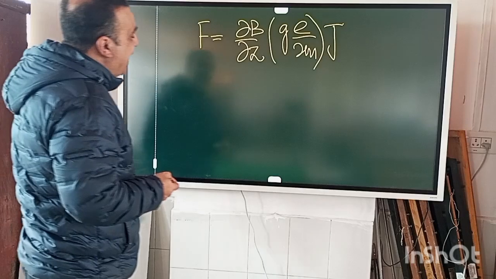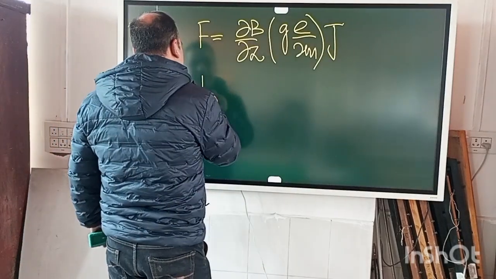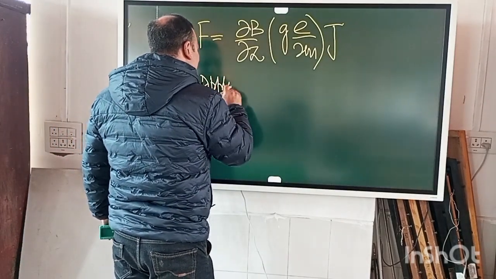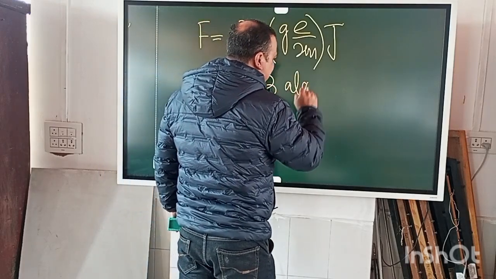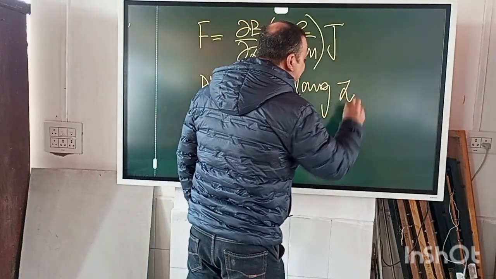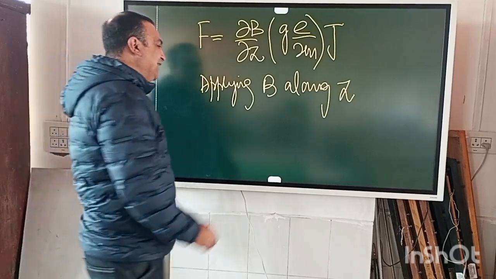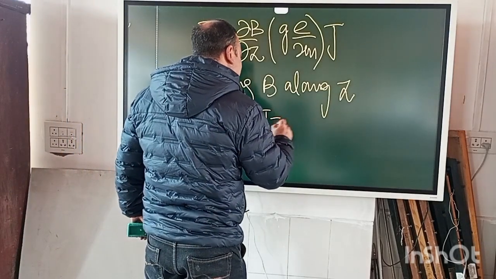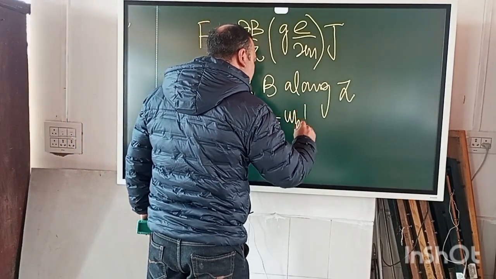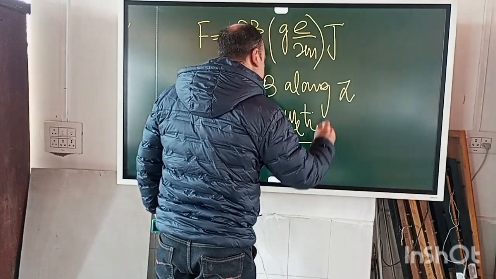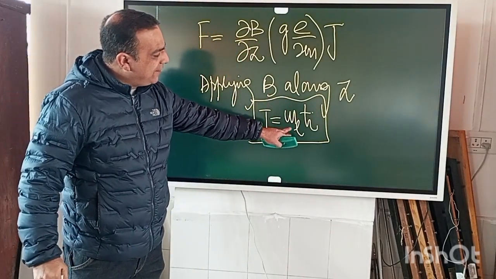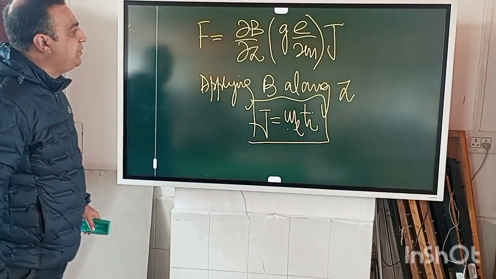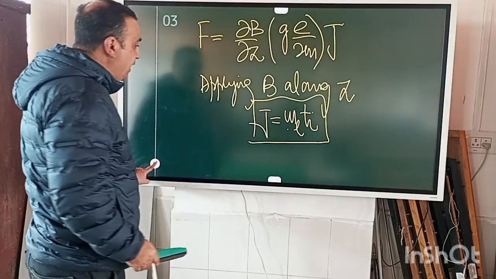When we apply the magnetic field along z, J is M_L h bar, where M_L is the magnetic quantum number and h bar is the reduced Planck's constant.